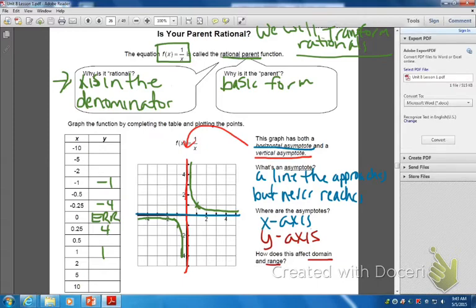Can it have all of them? No. What can it not have? 0. So our asymptote will help us to determine what our domain is. Okay? So in this case, our domain is all the numbers except 0. So x cannot be equal to 0.